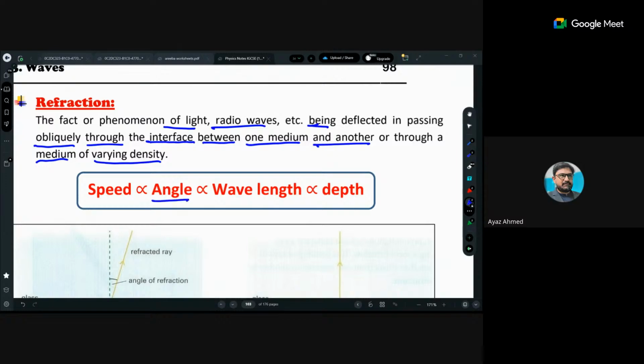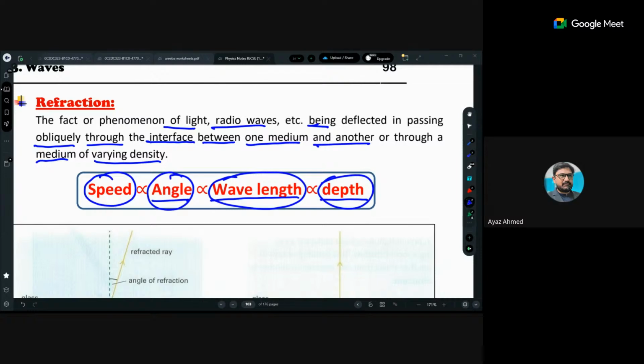I will explain that. Then that is directly proportional to length and then directly proportional to depth. I mean to say that actually speed changes. First of all, what happens? Speed changes. Due to that, angle changes. Due to that, wavelength changes. And depth is one of the factors. So if depth changes, it will cause the speed to change, and angle and wavelength will change accordingly.